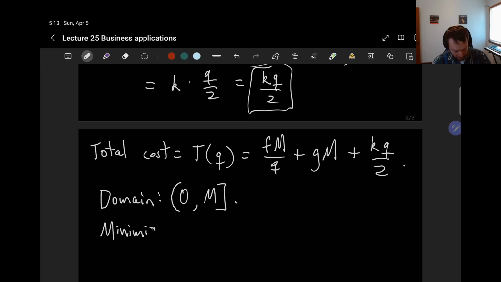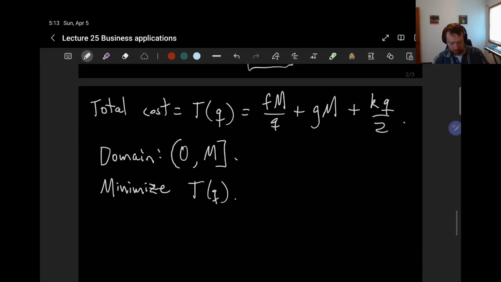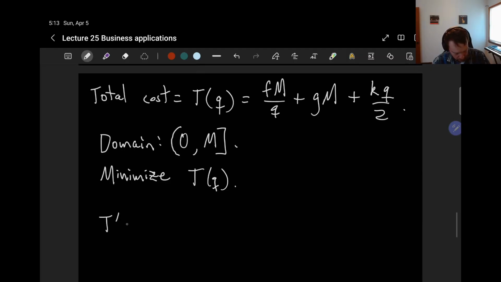So our goal is to minimize T of Q, this function, because we're trying to minimize cost. To do that, we're going to have to take a derivative. So T prime of Q. Remember, Q is variable, it's like our X. These other things are just going to be fixed numbers, so I kind of ignore them, treat them as constants.